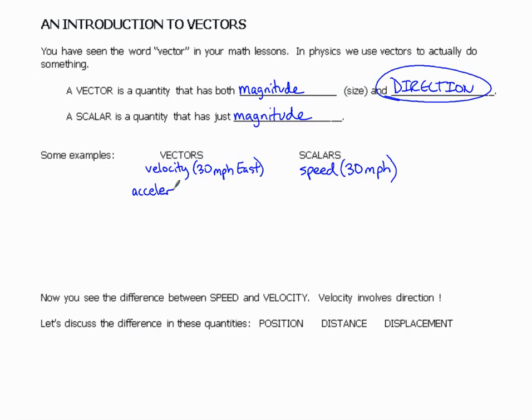Acceleration is also a vector. For example, Earth's gravity, the acceleration due to gravity, which we abbreviate in physics as lowercase g. g is approximately 10 meters per second squared down.